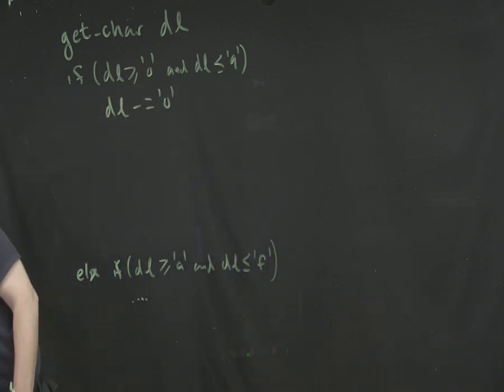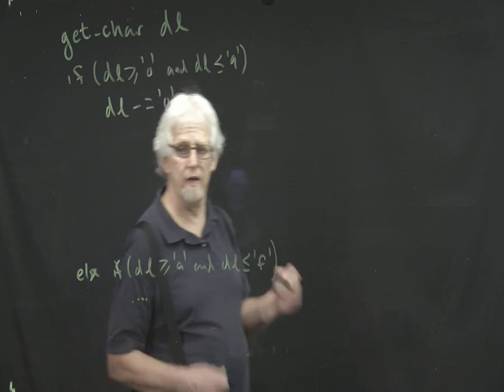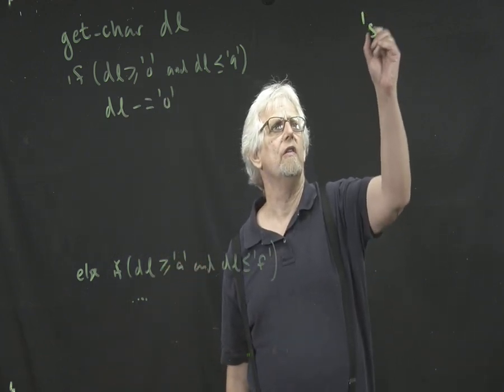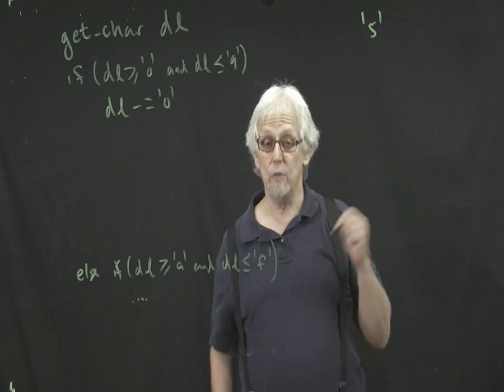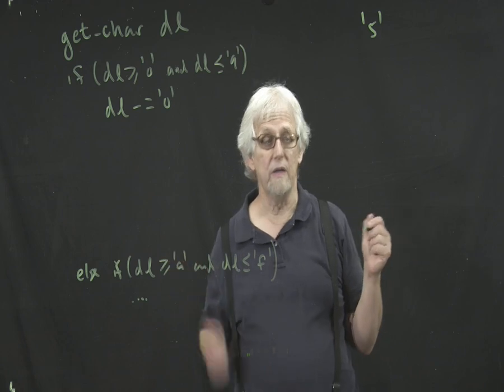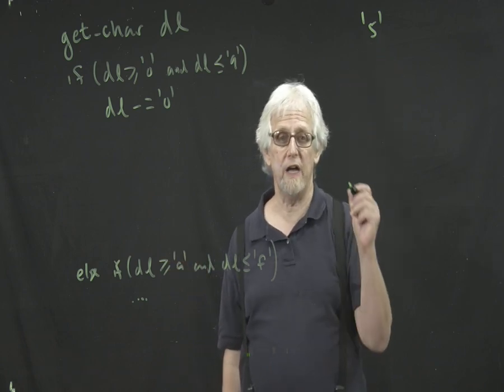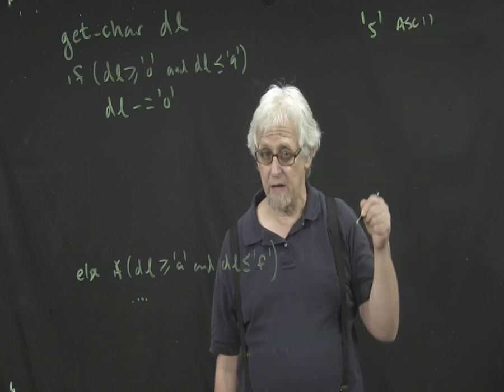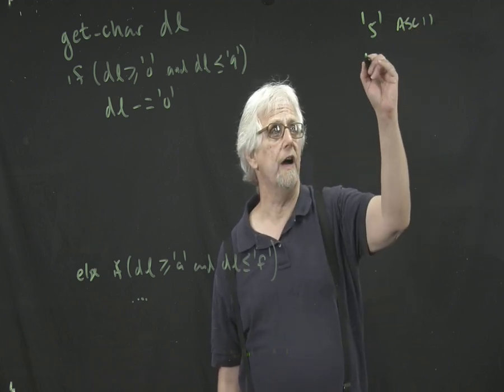So, for example, if a person were to type a 5, you would get in a register or in memory ASCII 5, and ASCII 5 in hex would be 35.